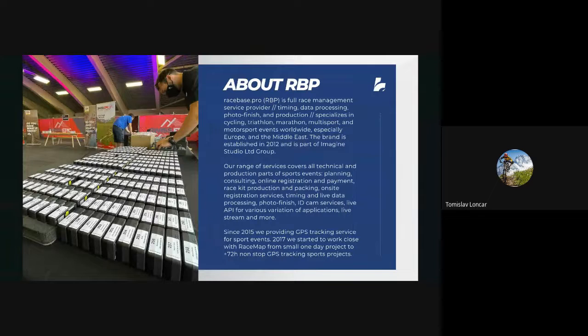We started to work with Racemap in 2017 after 2 years working with some different tools and platforms for GPS tracking. Usually we're doing timing, data processing, GPS tracking, photo finish, and actually a whole pack of services for cycling, triathlon, marathon, and multi-sport events. And recently we started doing motorsport events too.